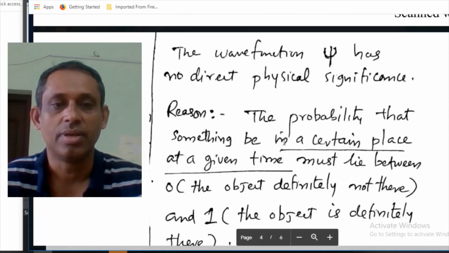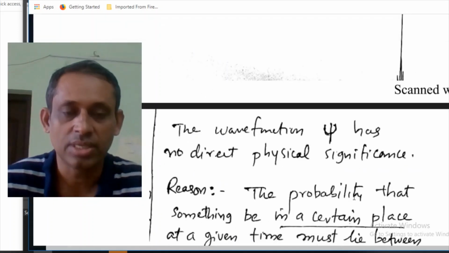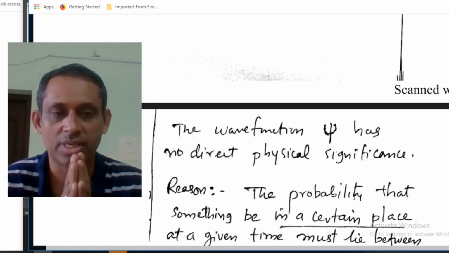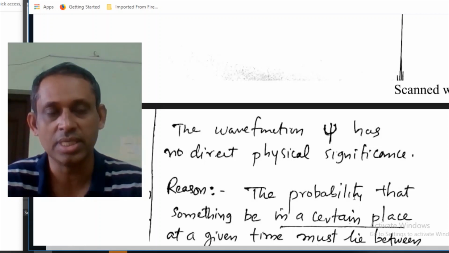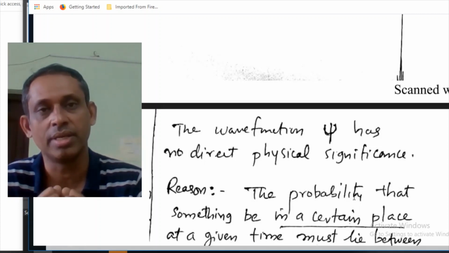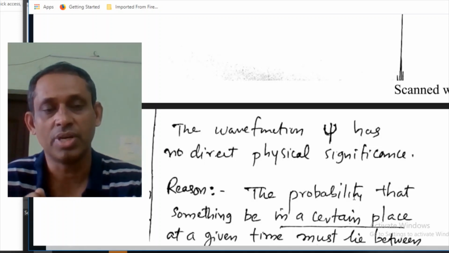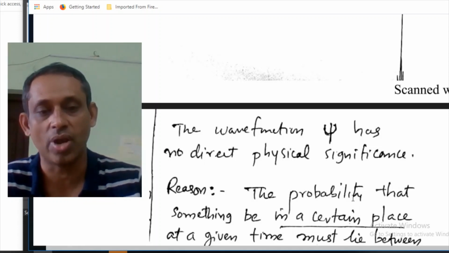Now the important point is that the wave function psi has no direct physical significance, even though it is the variations of psi that produce matter waves. Why? We have said that psi is related to the probability of finding the body at the point x, y, z at the time t.